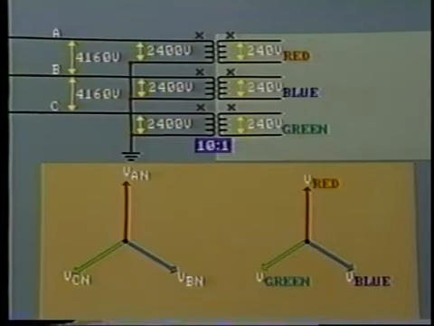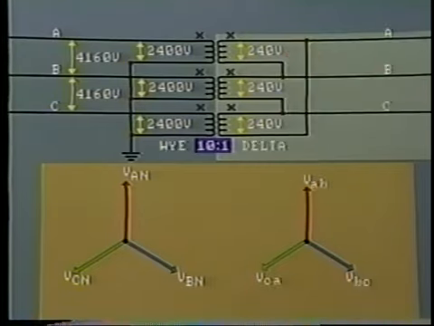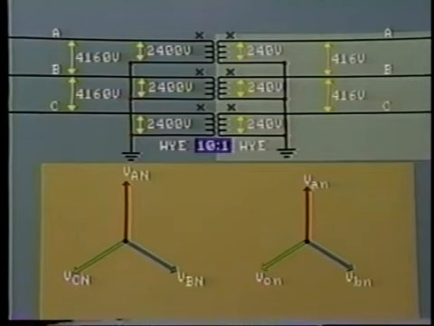Now look, we have three secondary voltages available, displaced at 120-degree phase angles. They could be connected to form a delta arrangement like this, or a Y connection like this. By following the polarity markings, we now have the correct phase relationships and line-to-line voltage, 416 volts.